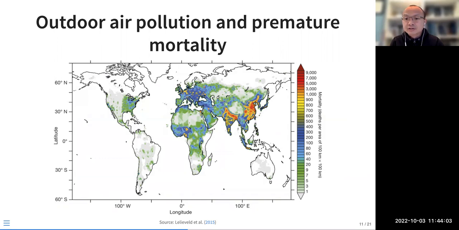This study shows that where you have higher air pollution concentration, the impact on mortality or human health is also much larger, as you can see here. China, India, South Asia, Central Africa, Eastern Europe, and even the Eastern US are more exposed to air pollution. Therefore, the observed premature mortality rate is also higher. That exactly shows the human health impact of air pollution.